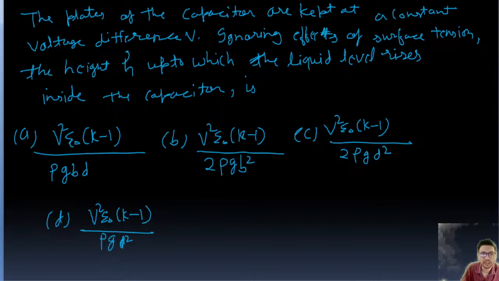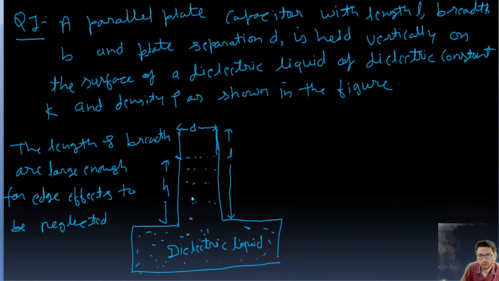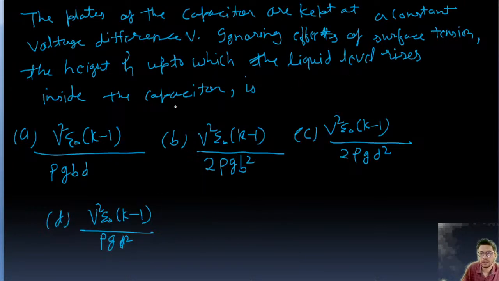Okay, so we need to find out this height, the height up to which this liquid level is raised, from here. So the liquid level is raised to this height, and this height we need to find out.